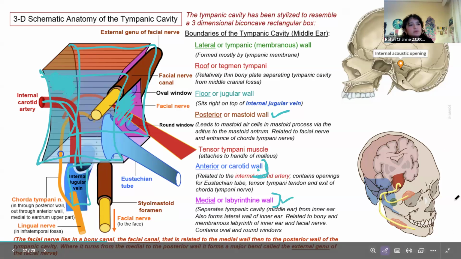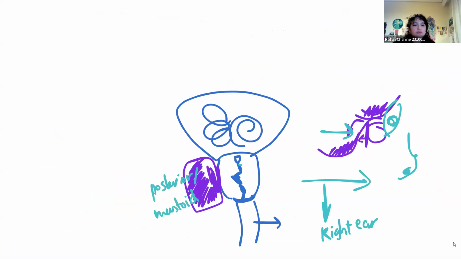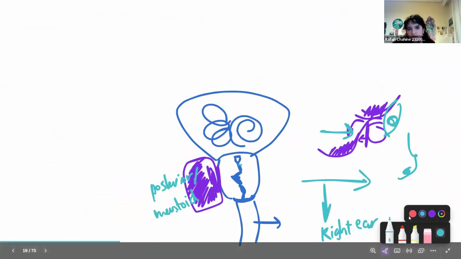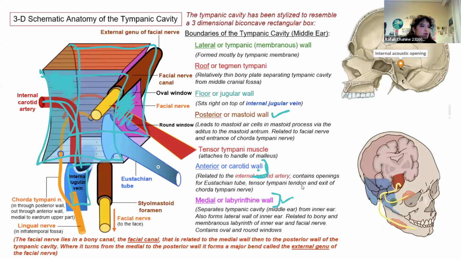Now, if I want to go back to my illustration, let's just say I want to draw my internal carotid artery. My internal carotid artery would start under there, okay? But it would eventually come and circle around to the anterior wall, and we can see this happening over here.